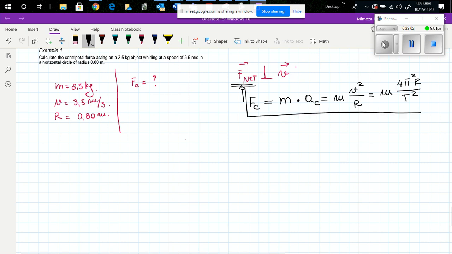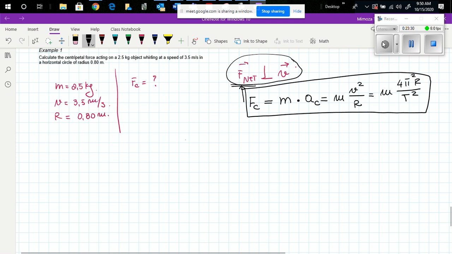Those are the formulas, and this is how you have to think when you're dealing with uniform circular motion. Again, the condition for an object to have a uniform circular motion is that the net force is perpendicular to the velocity.